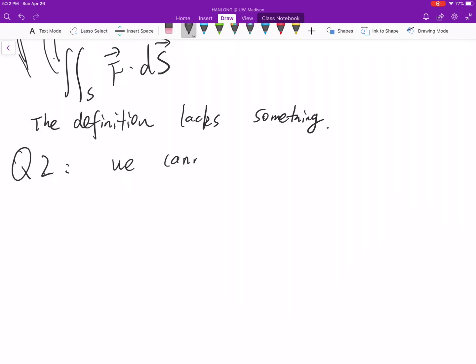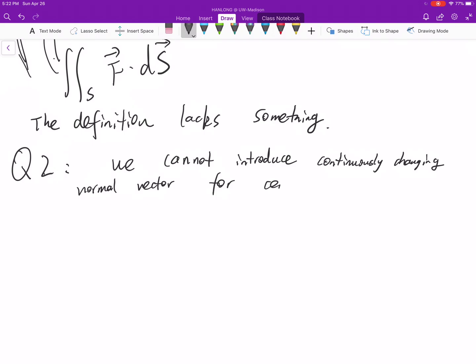So, for example, we cannot introduce a continuously changing normal vector for certain surfaces.